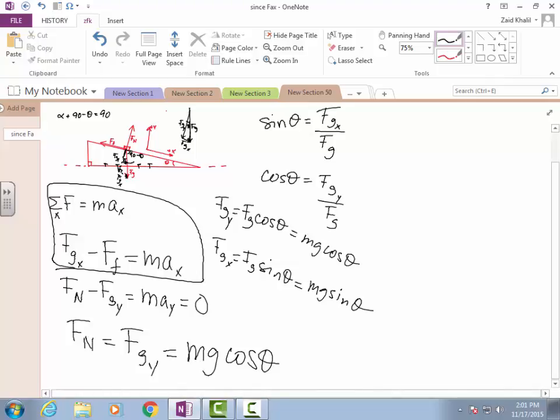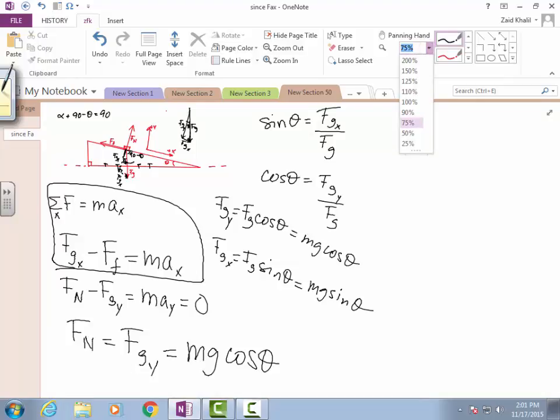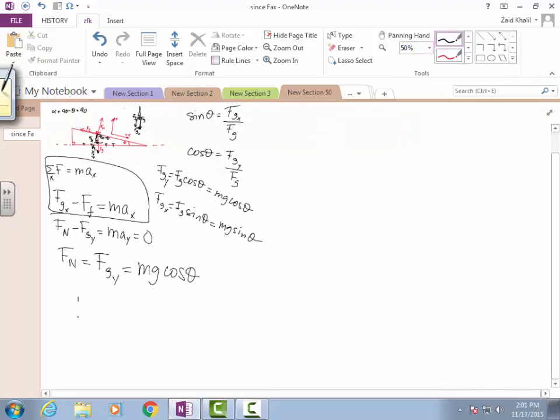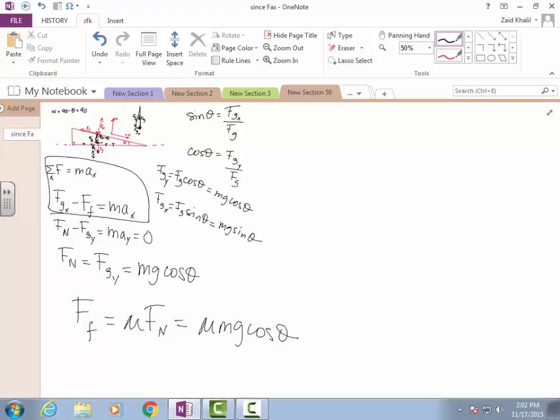So FF equals mu Fn equals mu mg cosine theta. Now remember, that's not always going to be true. That's going to be true in two cases. Which two cases is that going to be true?